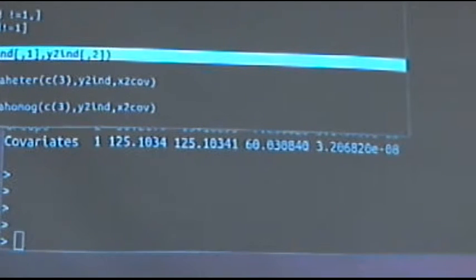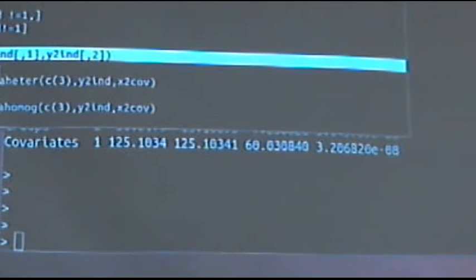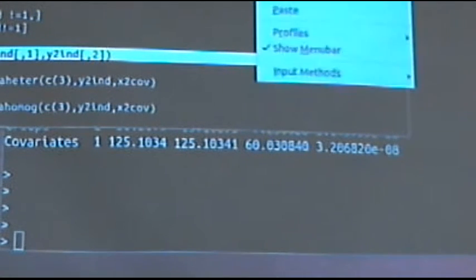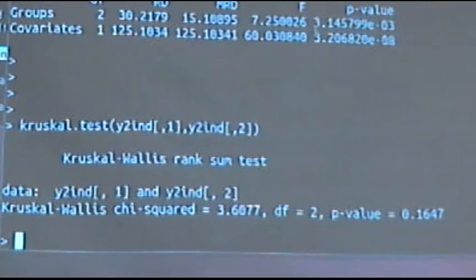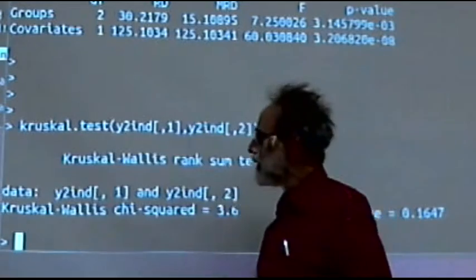Then this would be the Kruskal-Wallis test. The first variable is the response, and the second variable is the treatment indicator. And then you can just put in kruskal.test. See, it's not significant. If you do the Kruskal-Wallis test, it's not significant, okay? P-value is 16%.